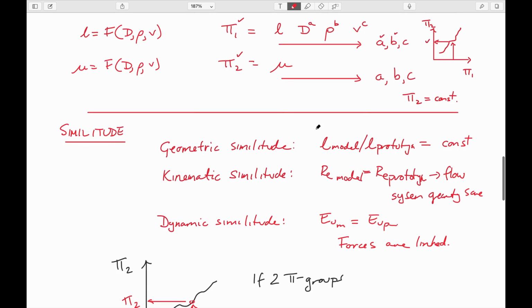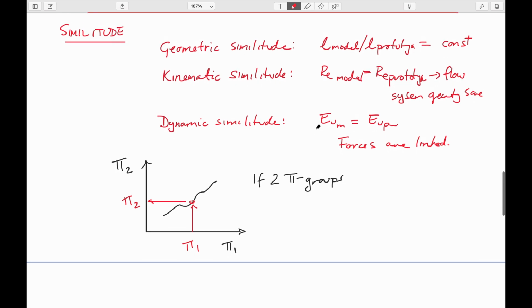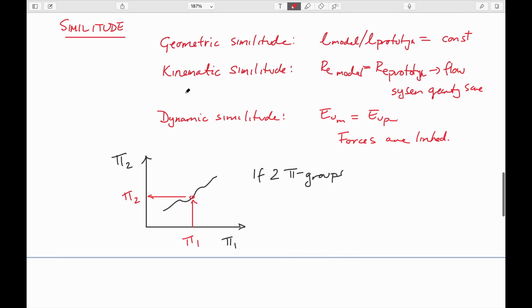The utility of similitude is that you can define these 3 forms of similitude. Geometric similitude means that the model you're using is the same scaled down in every dimension to the prototype. So the ratios of the lengths in the 2 systems are the same. Kinematic similitude means that the Reynolds numbers between the model and the prototype are exactly the same.